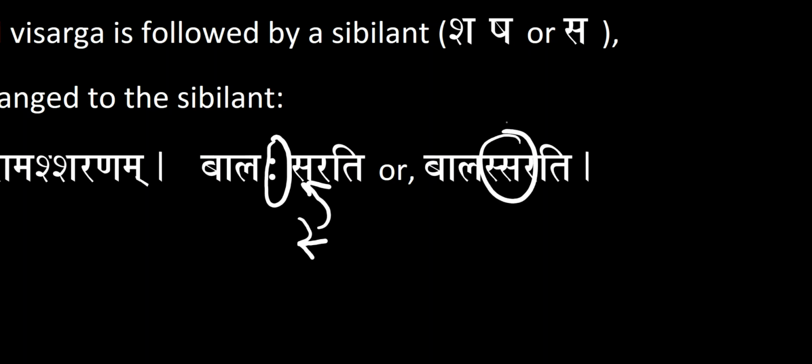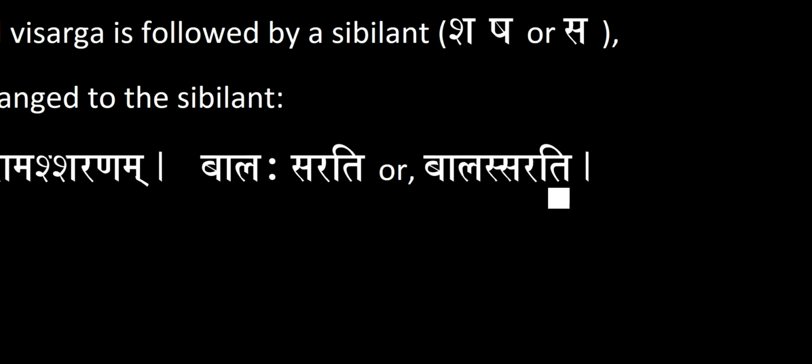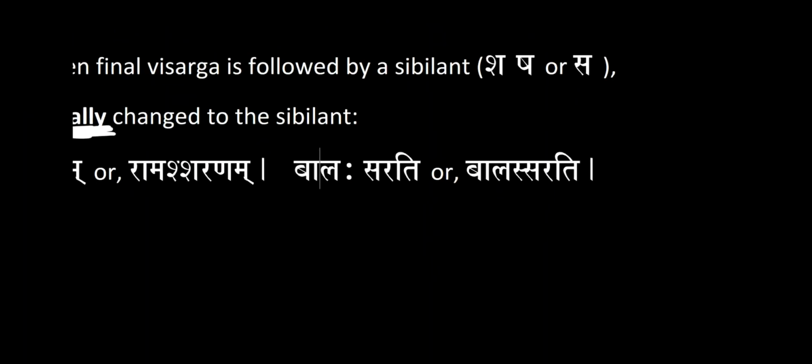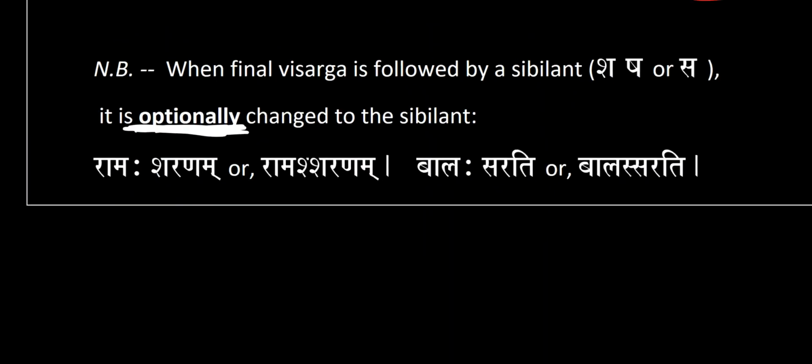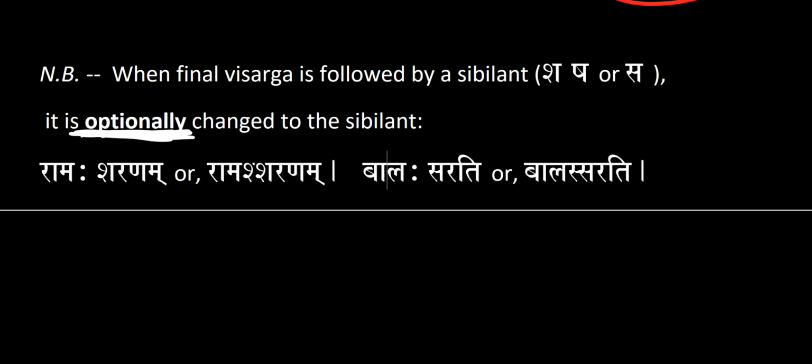I can't do balaś sarati. That's not going to work. It has to be the same sibilant. If that's going to confuse you, you would be better off leaving it alone.